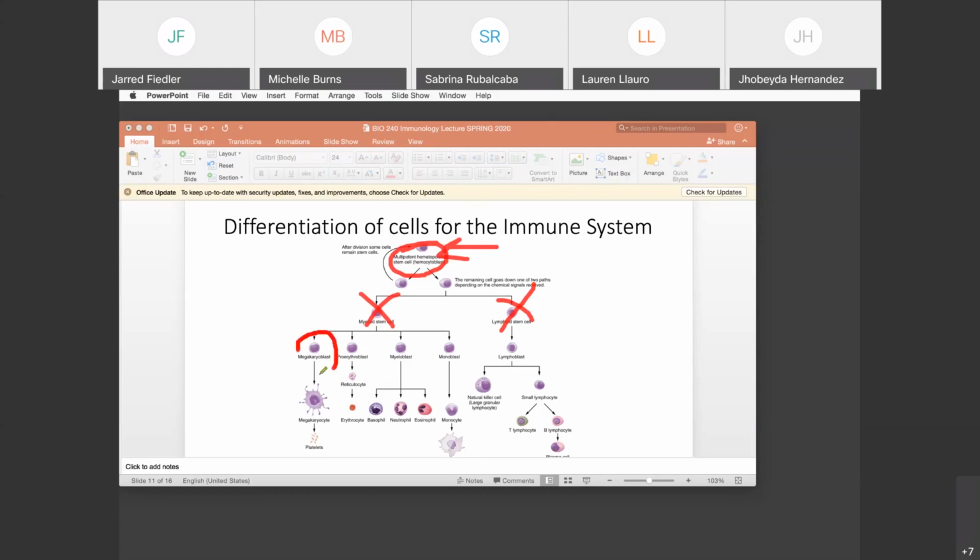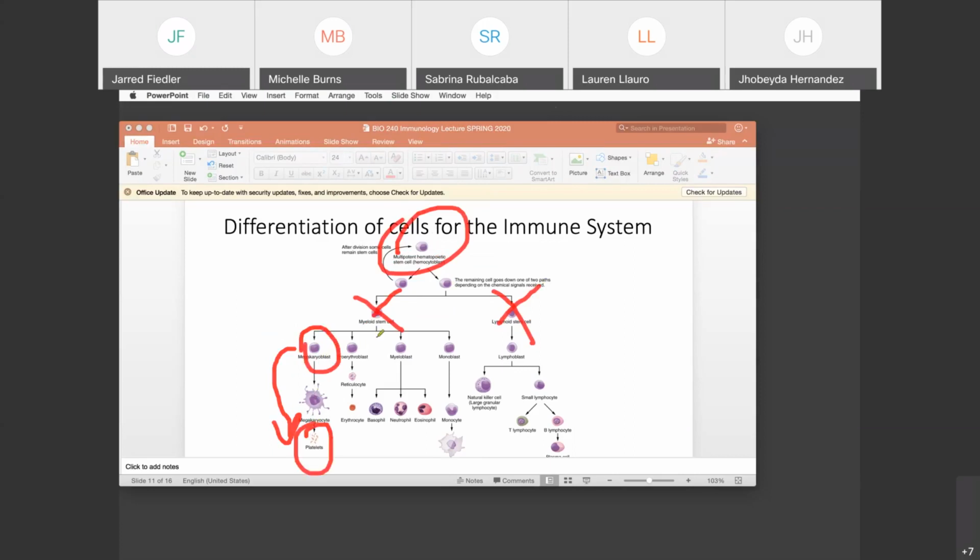The megakaryoblast is going to become platelets down the road. So don't worry about this, worry about that, worry about this.